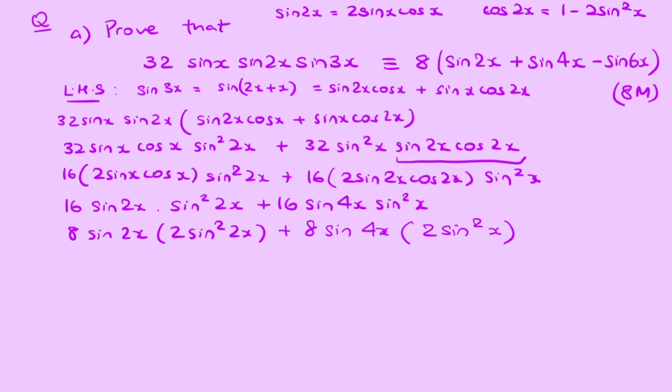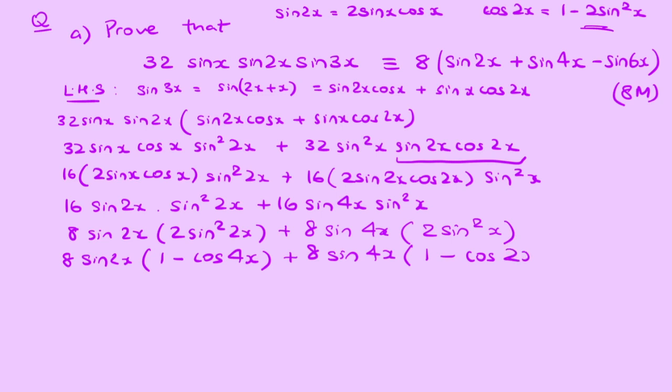As I said, if you double the angle on one side, you must double the angle on the other side. So to replace 2 sin squared 2x, it will become 1 minus cos 4x. Just rearranging this bit basically. That's all I'm doing. And then similarly for the next bit, it will be 8 sin 4x and then 1 minus cos 2x.